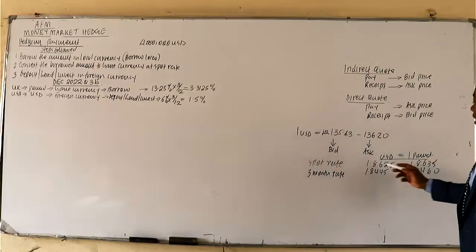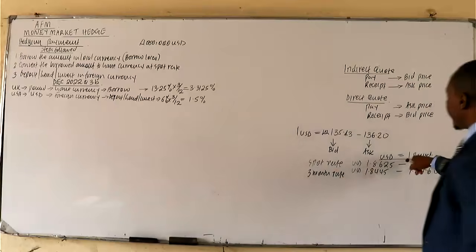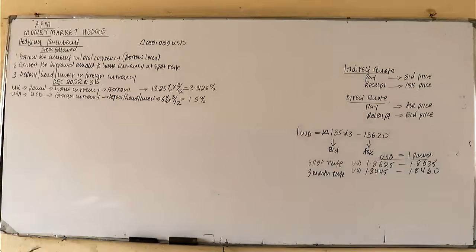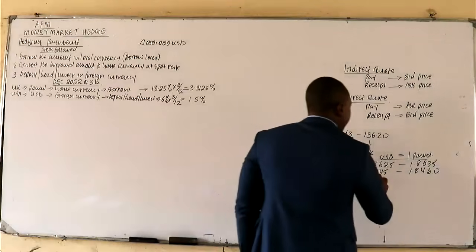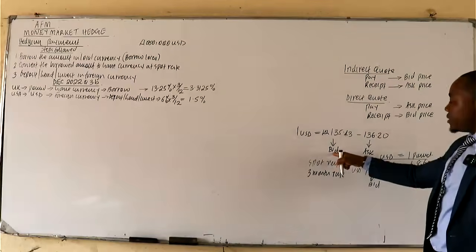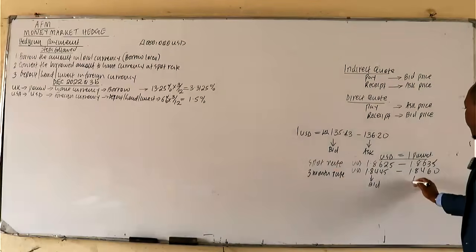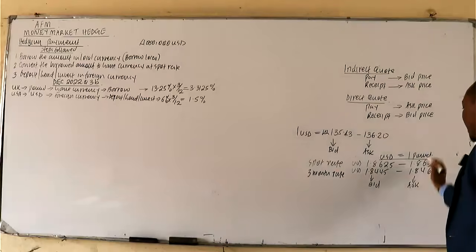And then what we're given, these are the USD equivalent to £1. Now, what does it mean? We said that the raw value is our bid price. And you see that bid is the minimum price. And then we have the maximum, the higher amount, this is what we call the ask price.